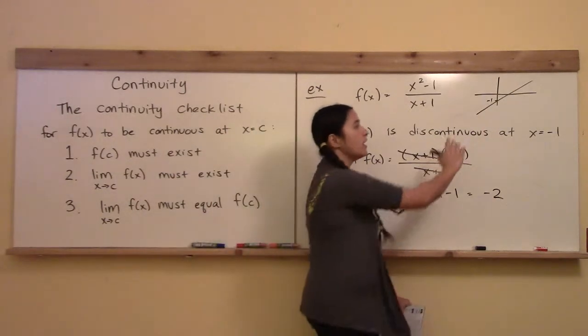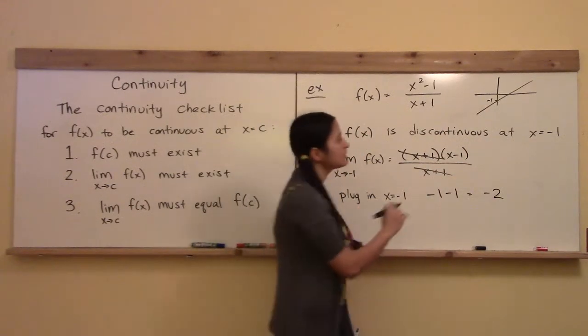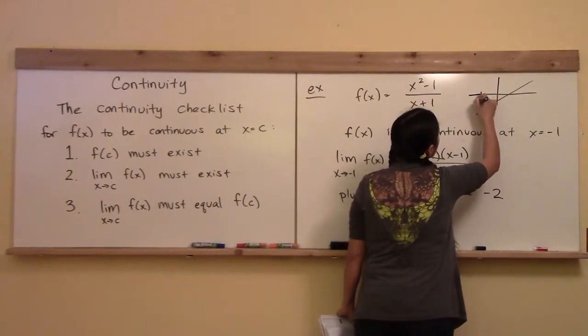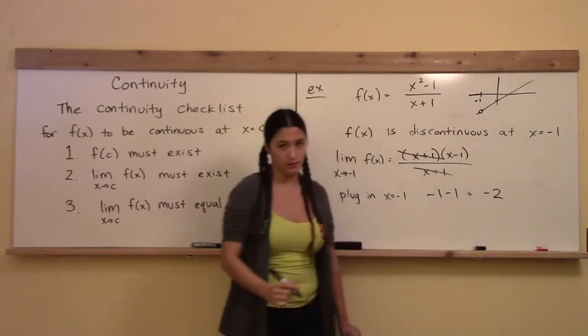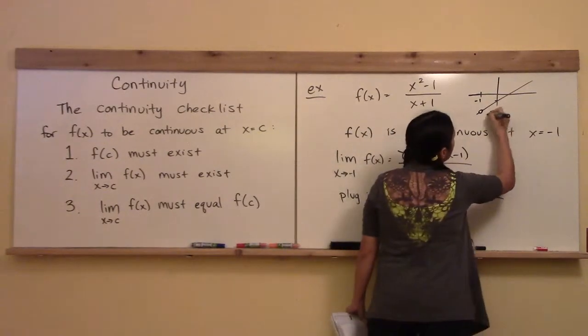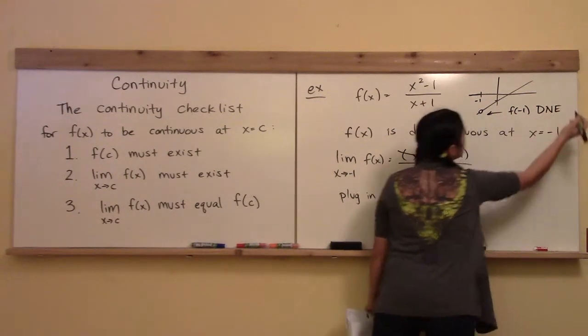So what is the real actual graph of this function? It's not exactly the function that you see on your graphing calculator. It's slightly different because technically x is equal to -1 is not in the domain. So keep in mind for this function, f of -1 still does not exist.